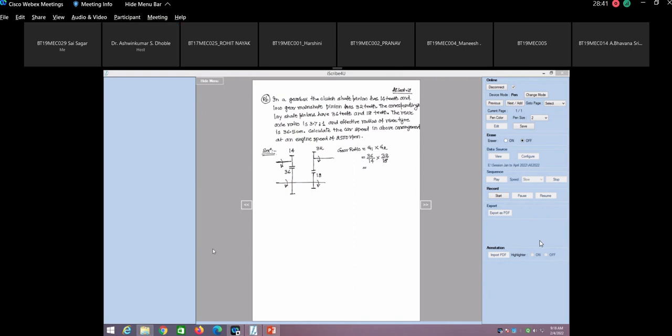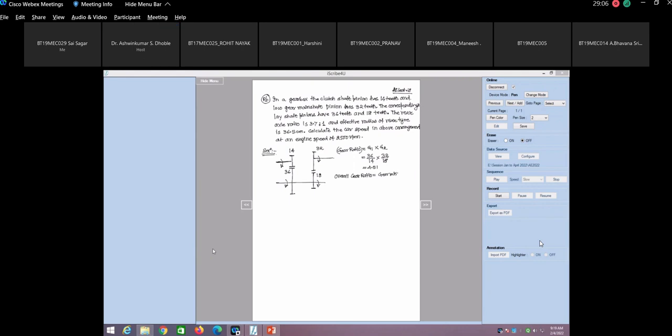4.57. चलो 4.57. Okay. Now the overall gear ratio. This will be your gear ratio into axle ratio.